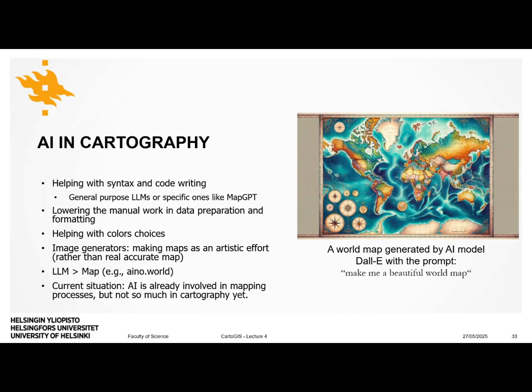Yeah, so this is just based on my personal experience and how I've seen people using AI for cartography, some of which already came up in your opinions. So, helping with syntax and code writing, particularly with visualization, saves you a lot of time. You can use LLMs. We are familiar with many of them, ChatGPT, Copilot, and so on. And recently we have been seeing, for example, MapGPT is new. There's I guess also a GeoGPT. These are LLMs.